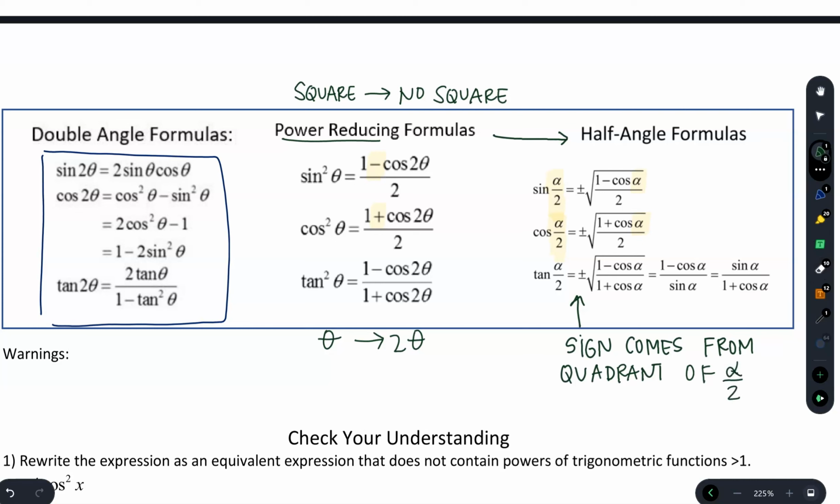So where does your alpha over 2 lie? And is sine positive or negative in that quadrant? Or is cosine positive or negative in that quadrant? Or is tangent positive or negative in that quadrant? So that's super duper important.